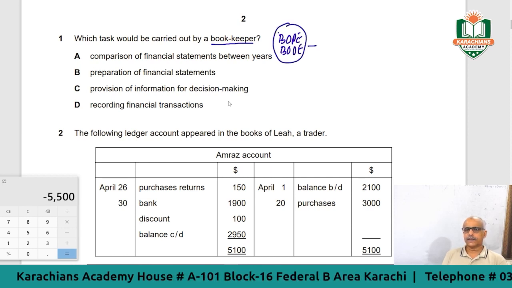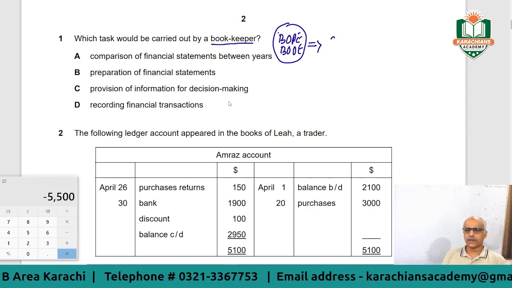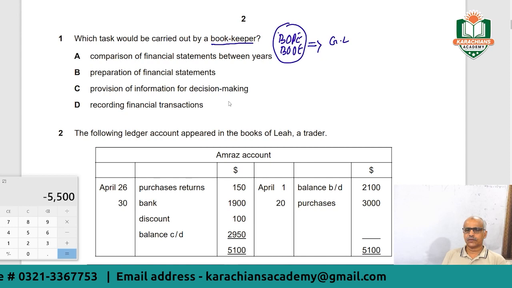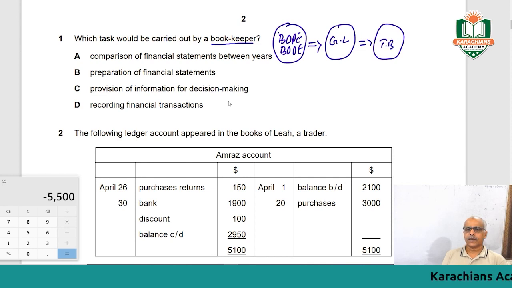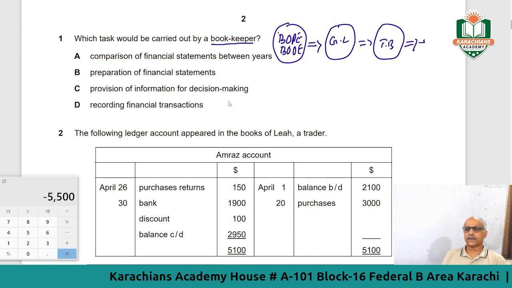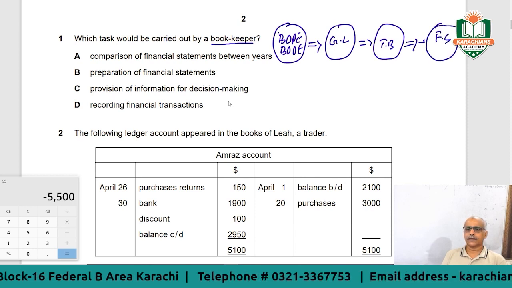This is maintained where the initial transactions are recorded, then data is moved to the general ledger, and then it is moved to the trial balance, and then from the trial balance you make your financial statements.